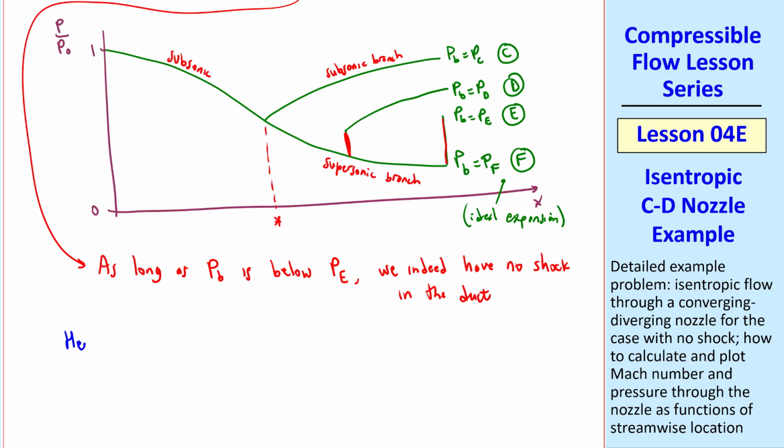And by the way, here we had calculated that PF was 13.521 kPa, and our PB is 50.0 kPa. So we know we're above PF, but are we below PE? This is the worst case scenario where we have this shock at the exit plane, but all our calculations up till that point would still be valid.